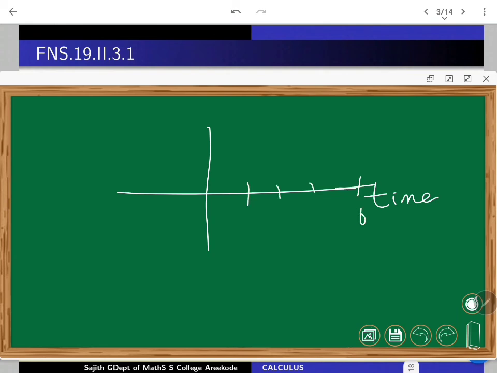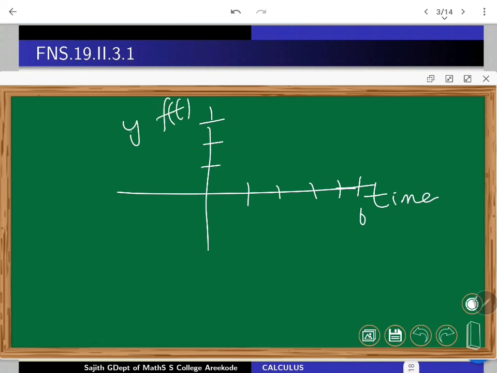Suppose I am releasing a hydrogen balloon and observing the altitude, or the height it attained, in some interval of time. So I can plot it in a graph by taking the x-axis as the time axis, maybe from 1 o'clock to 6 o'clock. I can plot the corresponding altitudes on the y-axis, maybe in feet.